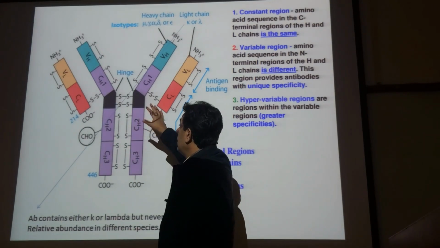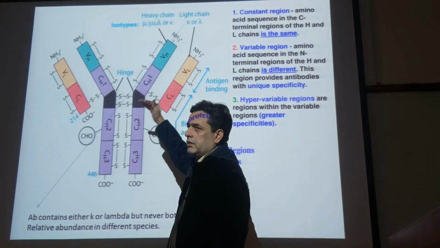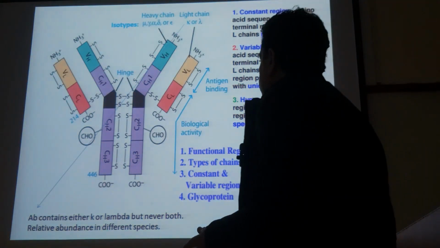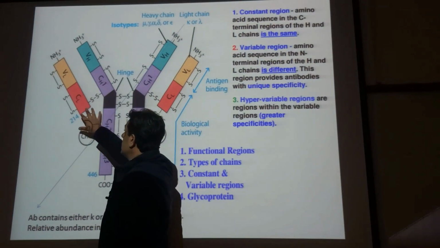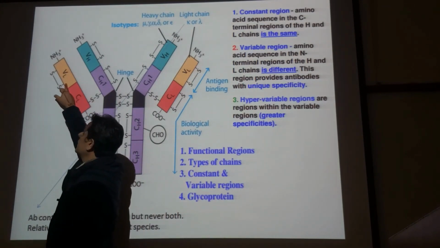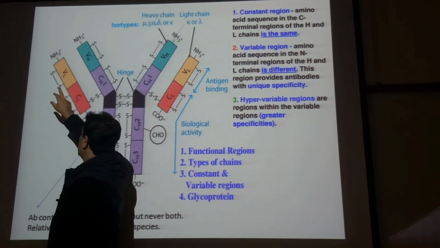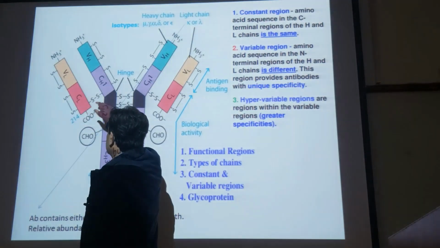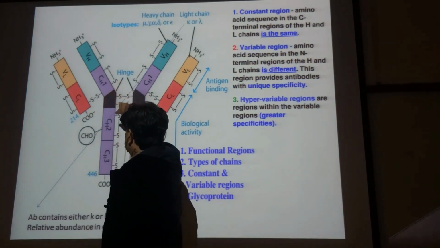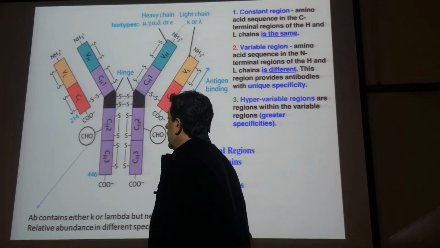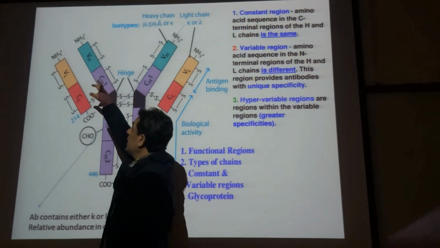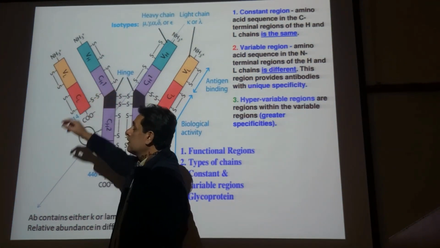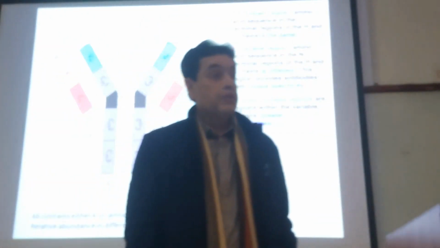Now it is further divided into sub-regions. For instance, in the light chain, you can see that there is a variable light region and there is a constant light region. Similarly, in the heavy chain, you can see that VH is for the variable heavy chain, and there is a constant heavy chain.